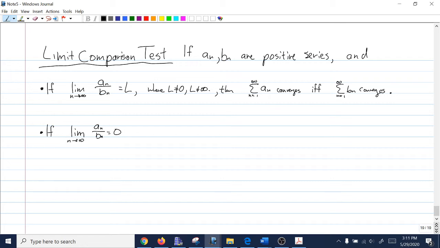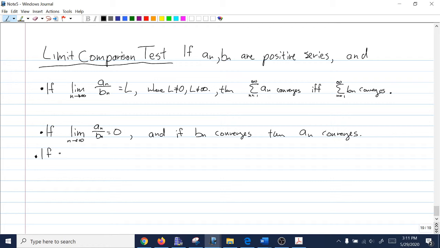And I know how direct comparison works that way. If bn is my known function, I know now that an is eventually less than bn. Direct comparison works. So I get at least one direction: if bn converges, then an converges.